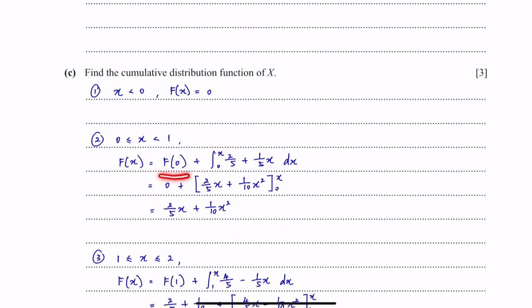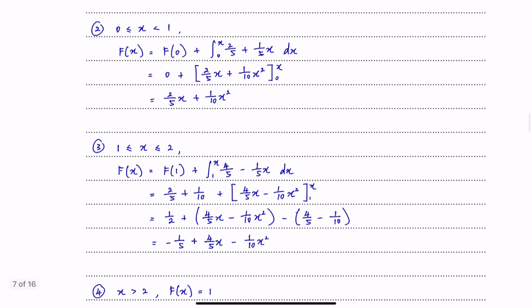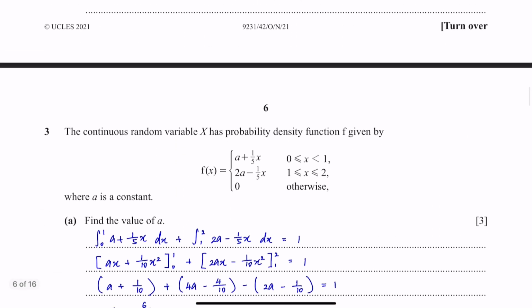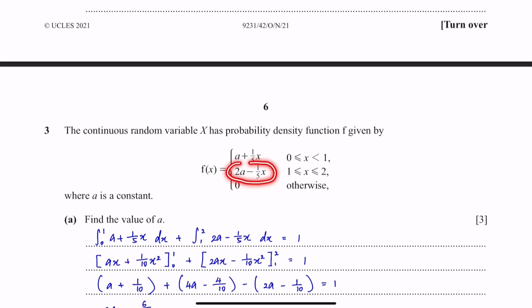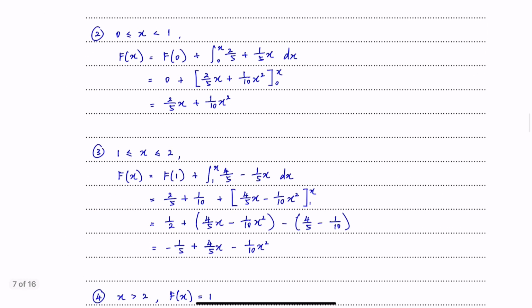We integrate this function over here from 0 to x. And remember to add back F(0), 0 being this number over here. For the third step, we integrate this function over here when x is in between 1 and 2.